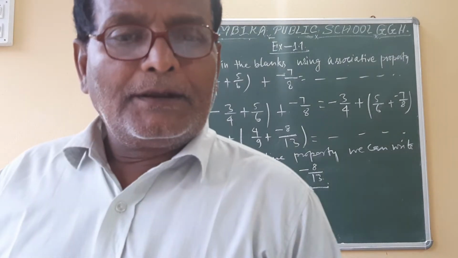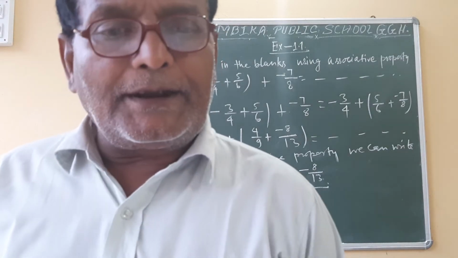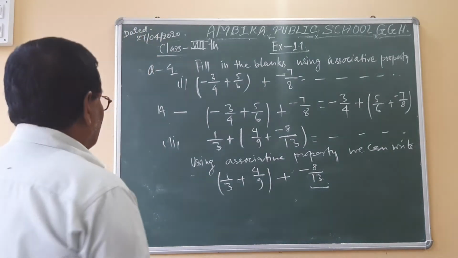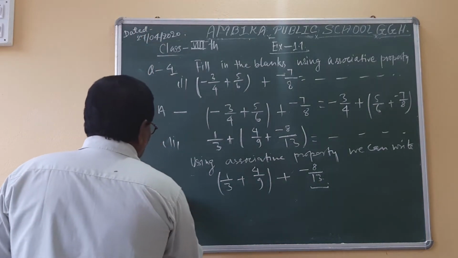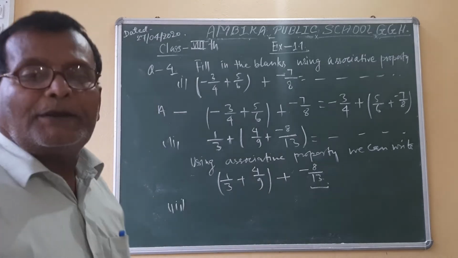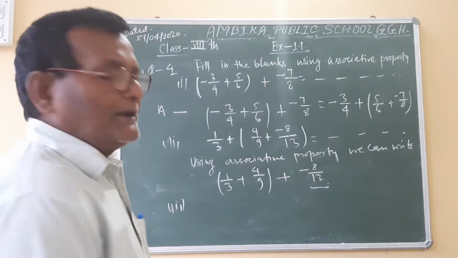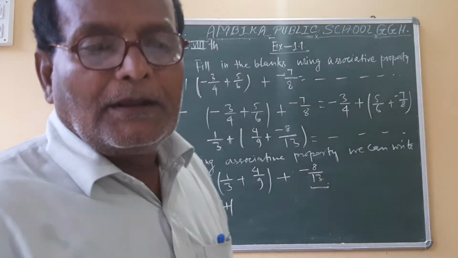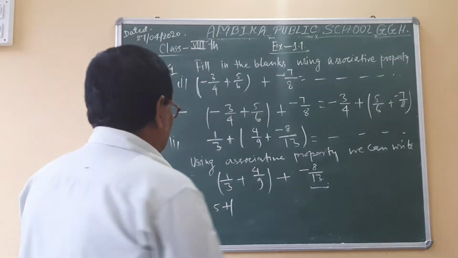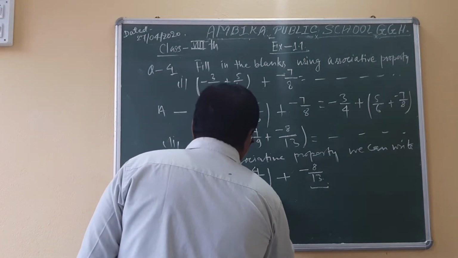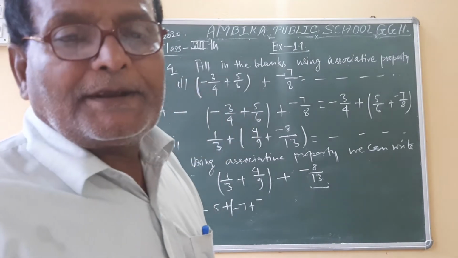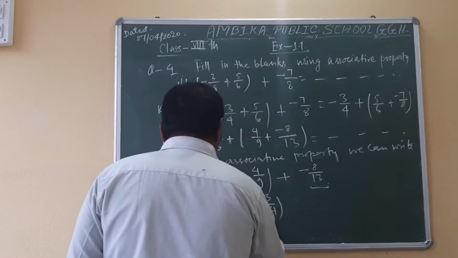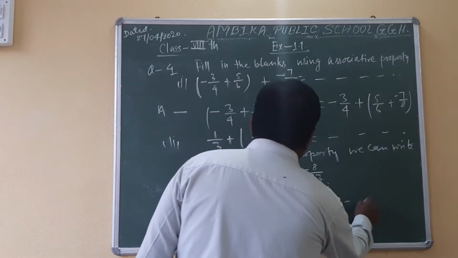Question 3, I write this for you: -5 + (-7 + (-3/14)) is equal to ____.